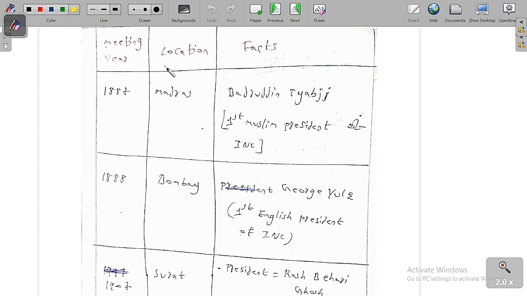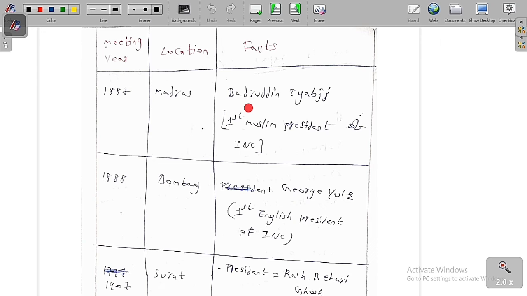Now we'll discuss some of the important meetings and their locations and facts. The meeting in the year 1887 of the INC was held in Madras.